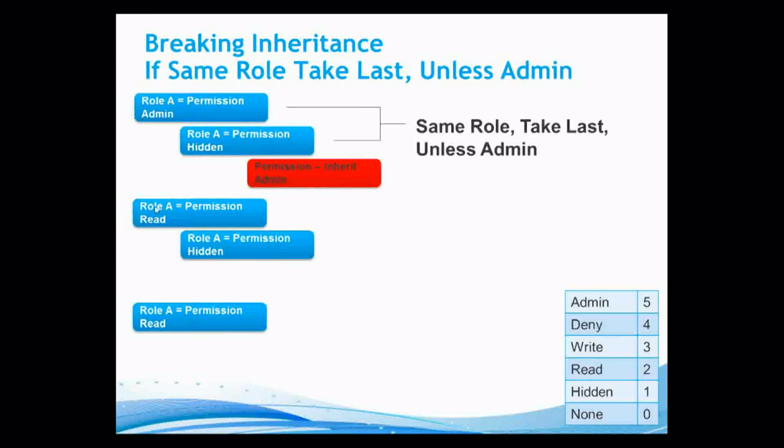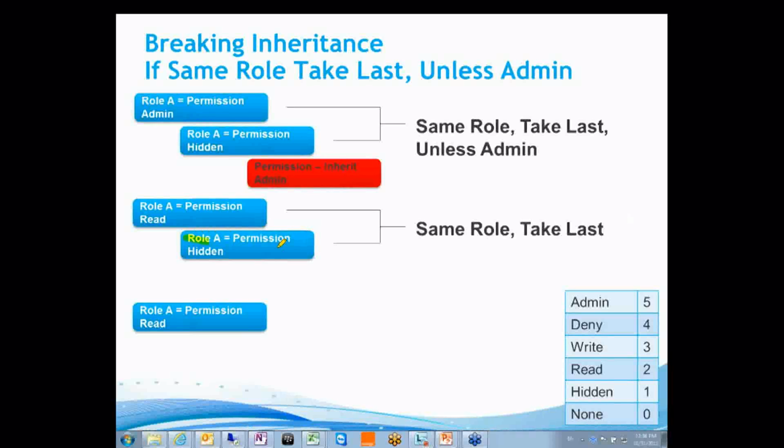Let's see what happens here. So here I have a role read, and then again a role hidden for the subfolder. Now if I'm looking at this role, it means same role, take last, unless admin, meaning that if it is the same role, I will take the last one. So the last one will be here.